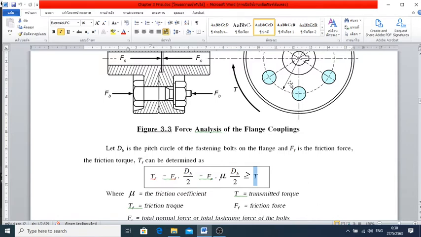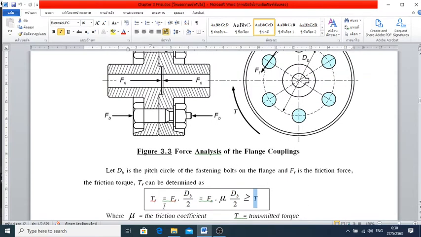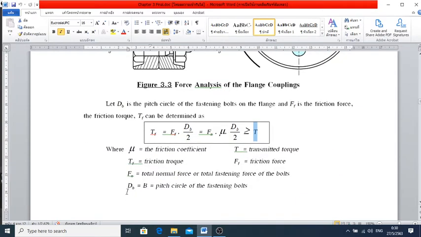So based on the figure on the right hand side, F sub F times D sub B over 2 is going to be the torque, torque sub F. So we just substitute F sub F by F sub N times mu. Therefore it's going to be that. And then we are able to find what happens if the torque input is going to be greater than the torque sub F. It's going to slip, right?